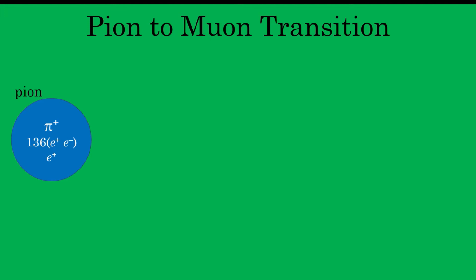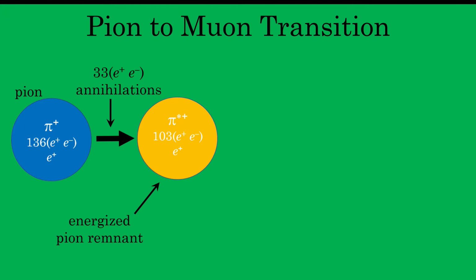However, as we saw in the last video, if pions are made of 136 electron-positron pairs and a valence electron or positron, muons appear to form when 33 of those pairs annihilate. This leaves 103 electron-positron pairs and the valence electron or positron in an energized pion remnant.